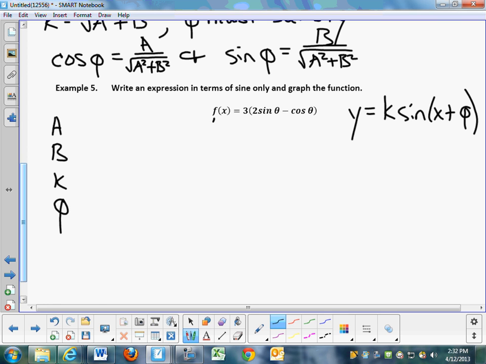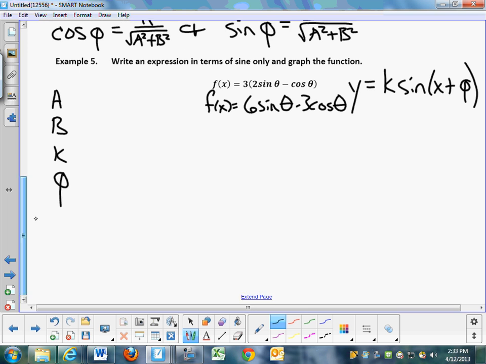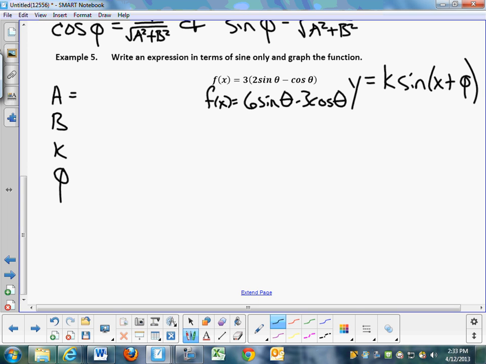So I would just want to distribute. I've got f of x is equal to 6 sine of theta minus 3 cosine of theta. If I look, a is the number in front of sine. So what's a? What's b? Negative 3. And k is equal to the square root of a squared plus b squared, so just the Pythagorean theorem.